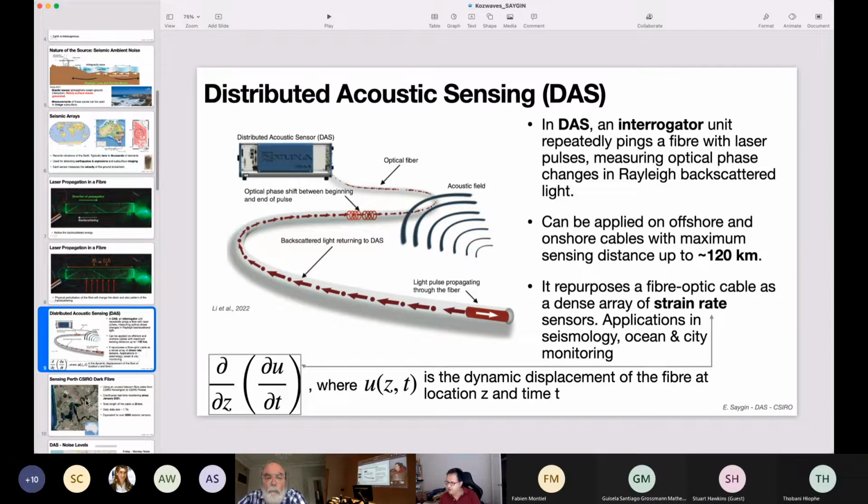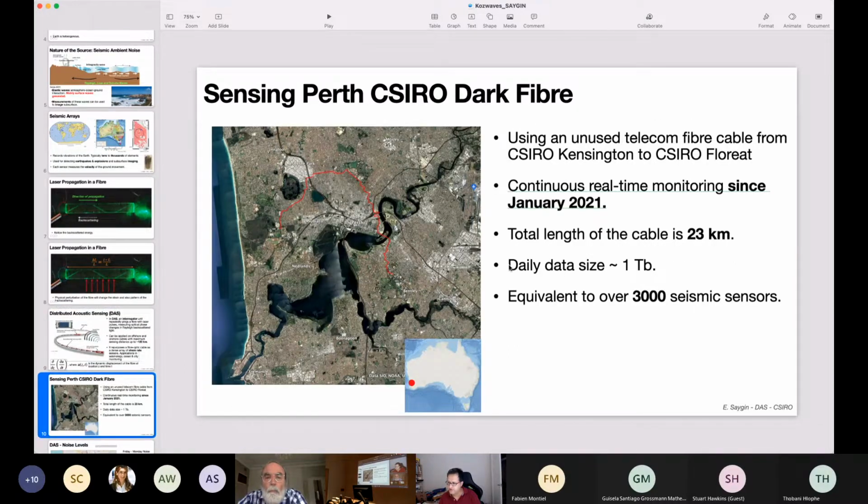As a part of this, since early 2021, we started to listen on an unused telecommunication fiber starting from the CSIRO campus in Kensington. By the way, we are in Perth, Western Australia, and the fiber goes all the way to Floreat, another suburb. The cable is going through the city center as well, but the key thing is this is near real time, and it is equivalent to putting over 3,200 sensors on this string.